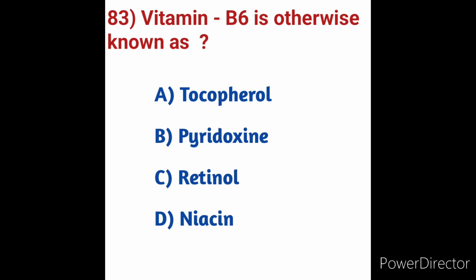Vitamin B6, also known as pyridoxine, is a water-soluble vitamin found naturally in many foods as well as added to foods and supplements. Vitamin B6 is one of the 8 B vitamins. All B vitamins help the body convert food into fuel, which is used to produce energy.